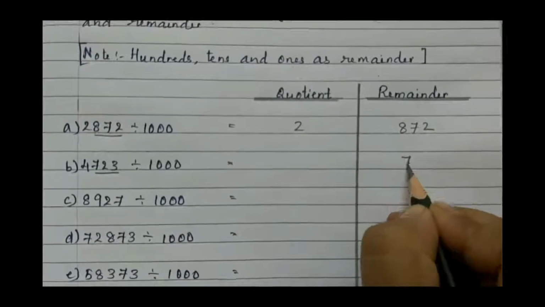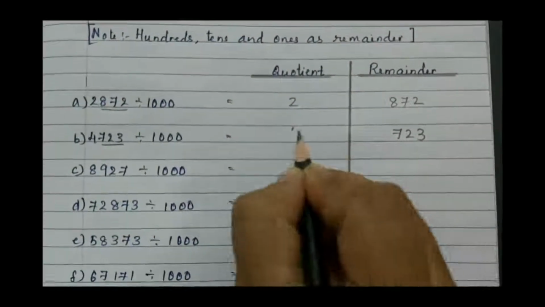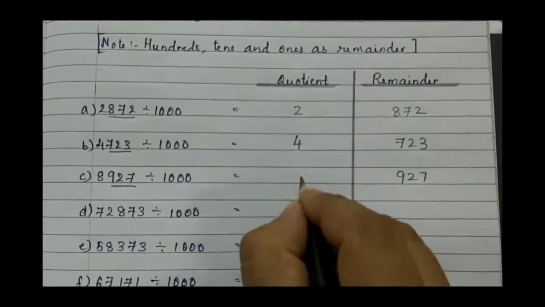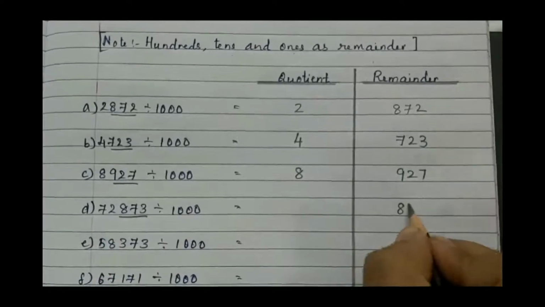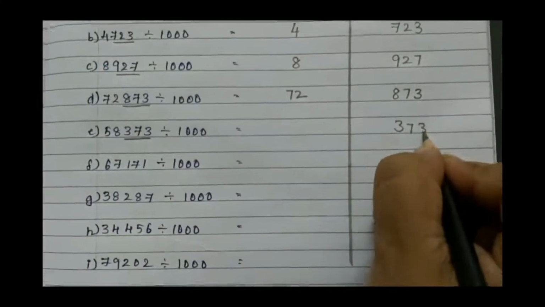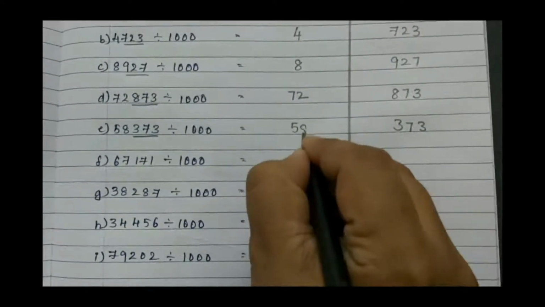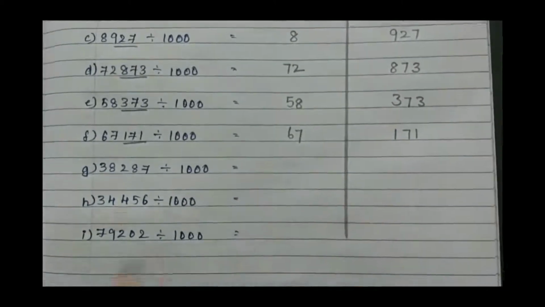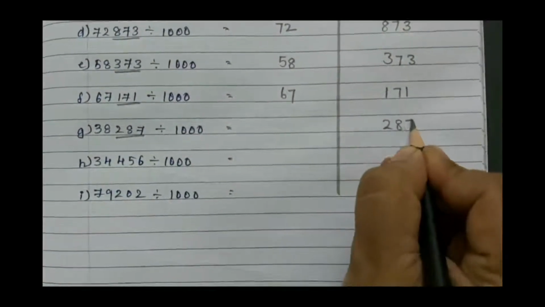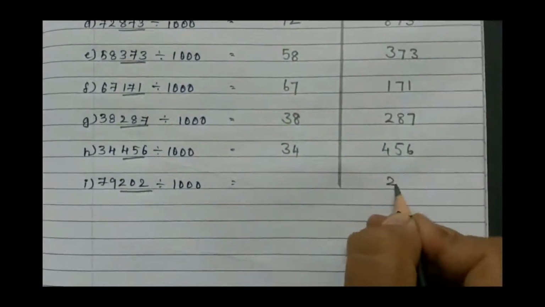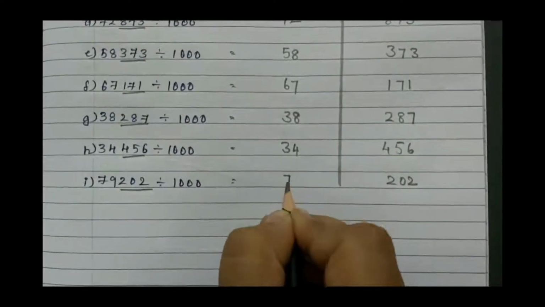Once again, 723 as quotient. 723 as remainder and 4 as quotient. 927 as remainder and 8 as quotient. 873 remainder, 72 quotient. 373 remainder, 58 as quotient. 171 as remainder, 67 as quotient. 287 as remainder, 38 as quotient. 456 remainder, 34 quotient. 202 remainder, 79 as quotient.